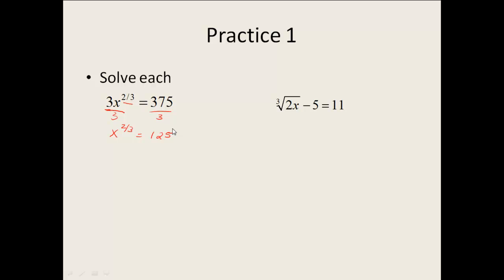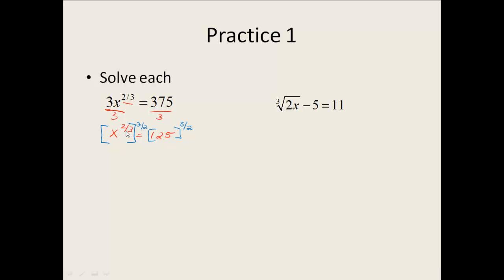Once I get it isolated, I have x to the 2/3 is equal to 125. Now I've got my radical isolated, so I can go ahead and raise it to the reciprocal power. My reciprocal power for this one would be 3/2, because the reciprocal of 2/3 is 3/2. So I need to raise both sides of my equation to the 3/2 power.